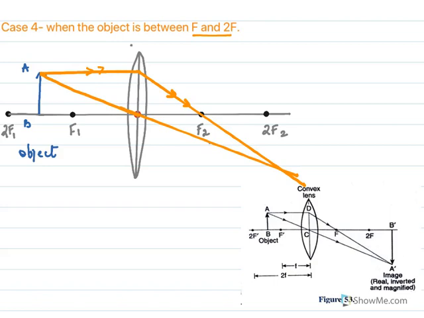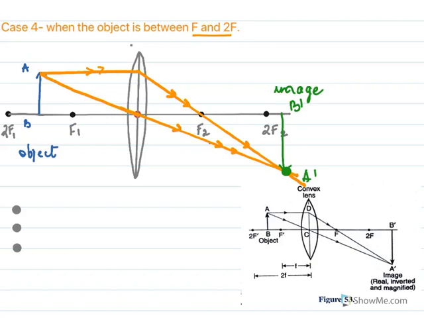If you see, the rays are meeting at this point. This would be A dash and this would be B dash. This is not the object, this is the image.